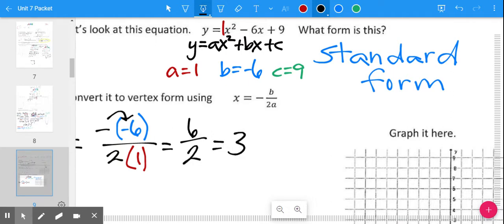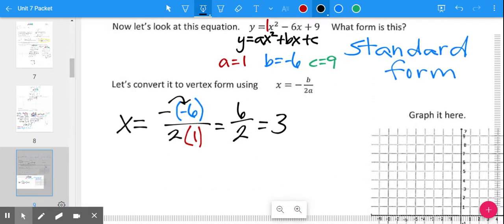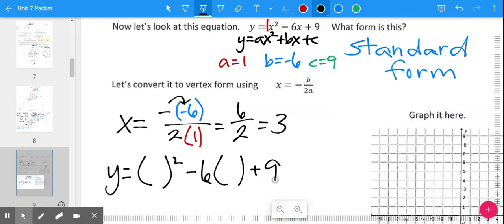So now we take that 3 and we plug it back into the original equation in order to solve for the y value. So we have y equals, and remember, every time I do this, everywhere there's an x, I put a set of parentheses, so I make sure I cover everything. So we know that the x value is 3.